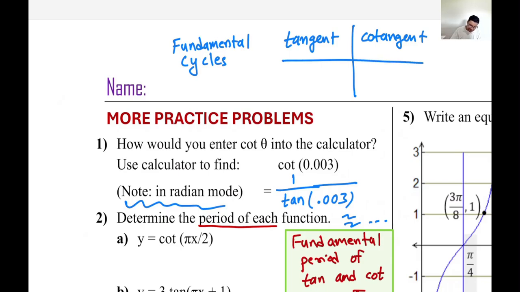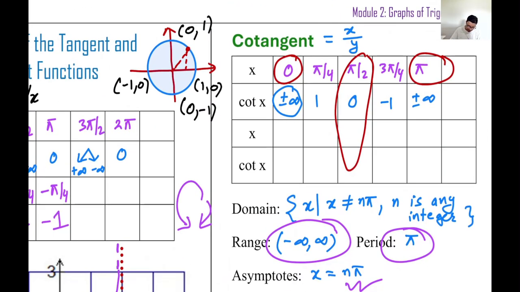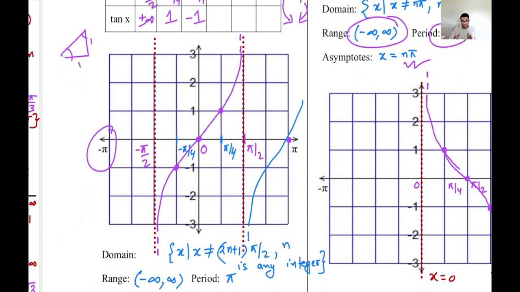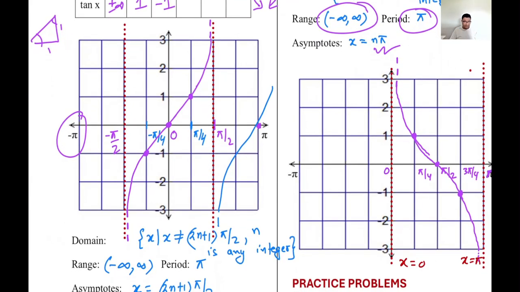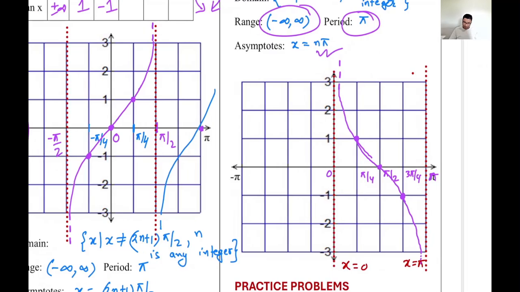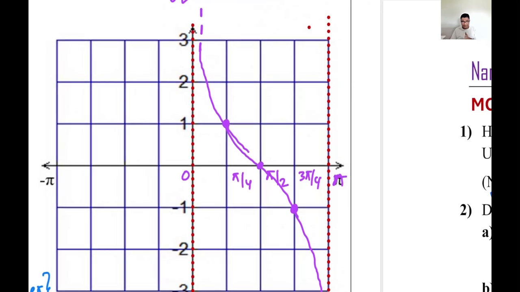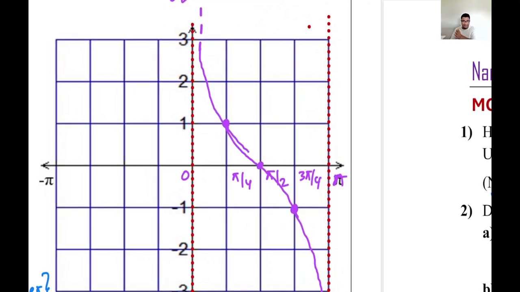For tangent, you might want to see the graph quickly and be sure that you understand it carefully. Tangent is here, right, between negative pi over 2 and pi over 2. But at those points, there are asymptotes, so those should not be included. The end point should not be included. Similarly, for cotangent on the right side here, you can see it's 0 and pi. 0 on the left, pi on the right.